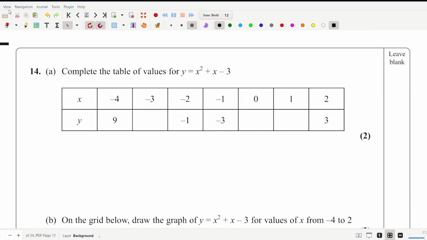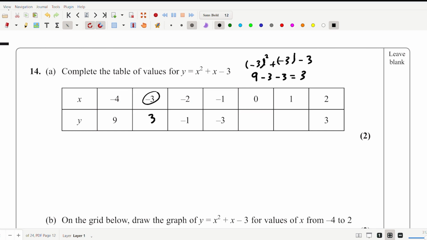Question 14. Complete the table of values for y equals x squared plus x minus 3. So here we have to plug in minus 3 for x: minus 3 to the power of 2 plus minus 3 minus 3, so we have 9 minus 3 minus 3, and this gives us 3.